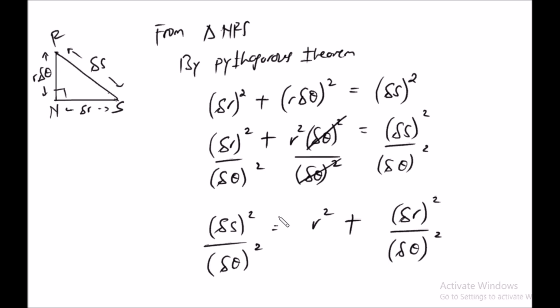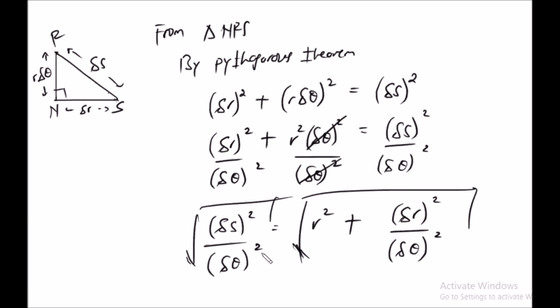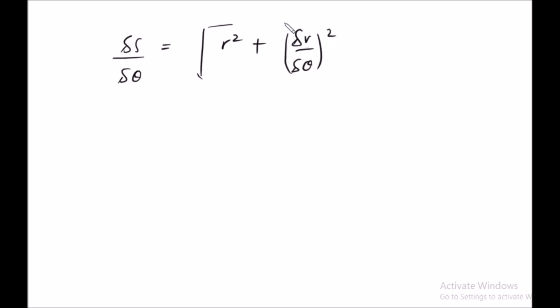So nikiweka square root both sides huku na huku like this, huku itabaki delta S over delta theta ni sawa na the square root of r squared plus delta r over delta theta, squared, like this.